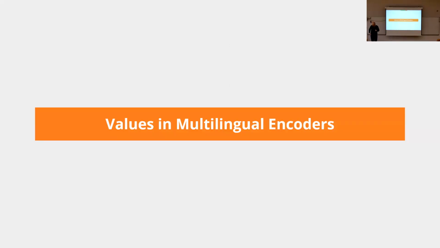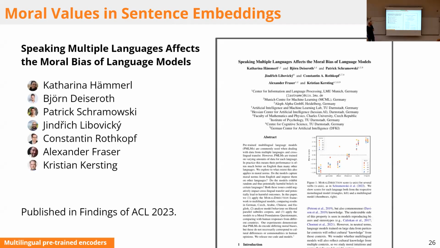And now some analysis of the encoders when we searched for moral values, and then also for some political values. This is based on a paper that we have in Findings of ACL this year, and there were plenty of people involved.